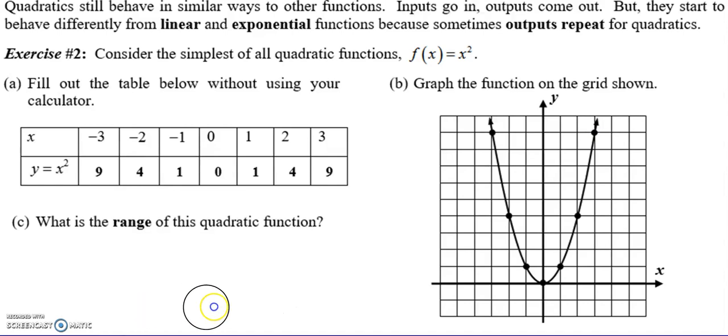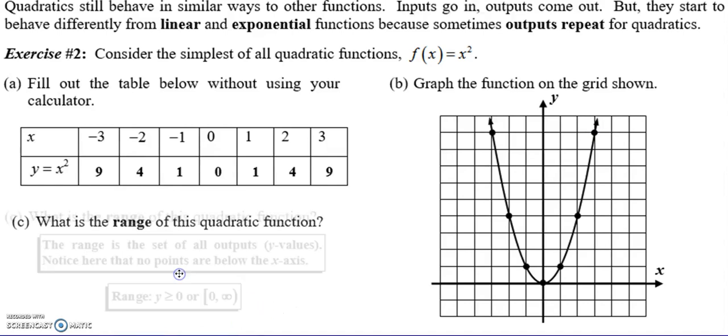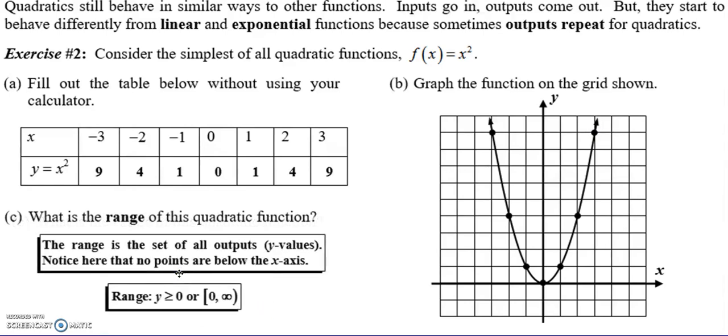So the range is the y values or the outputs. You could write it either in this form, y could be greater than or equal to 0, or remember we can include 0, inclusive, we exclude infinity because you can never include it. All right, let's keep going with this.